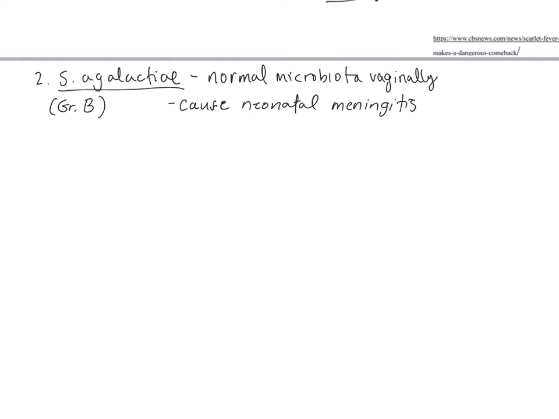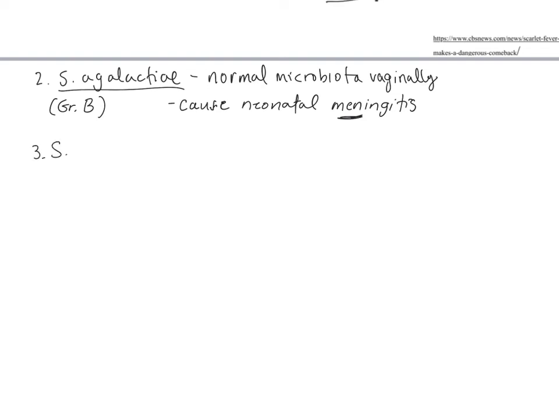So if you've ever had a kid and had a Group B test, they were testing for Strep agalactiae. If women are carriers of this organism, they're given antibiotics at some point before or maybe even during birth so that their babies don't get this potentially very serious infection.